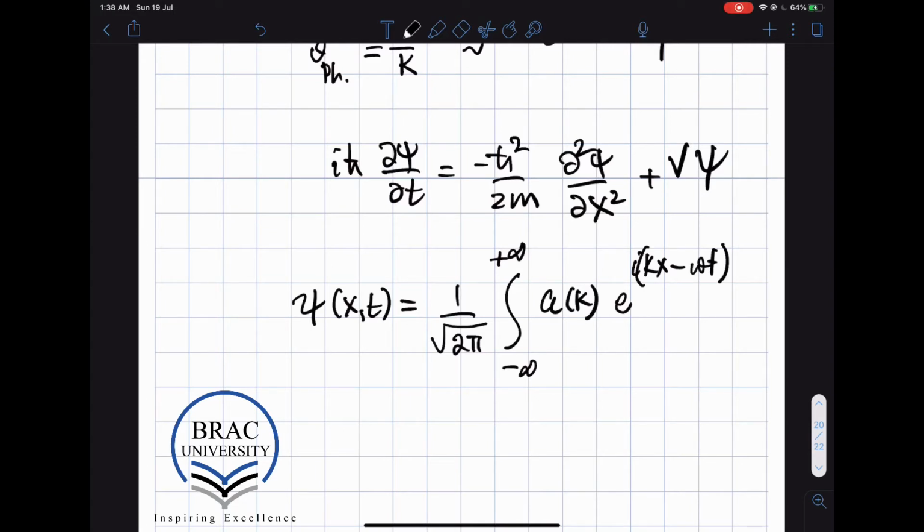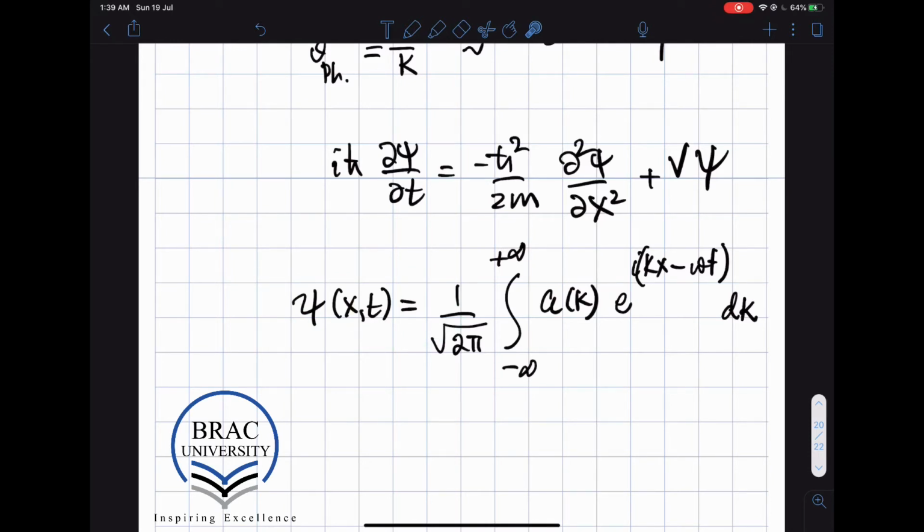So what we have here is a bunch of waves which are moving both to the right and the left. The right movers will have k positive. The left movers will have k negative, and the Fourier integral over them will give you the time dependent wave function.